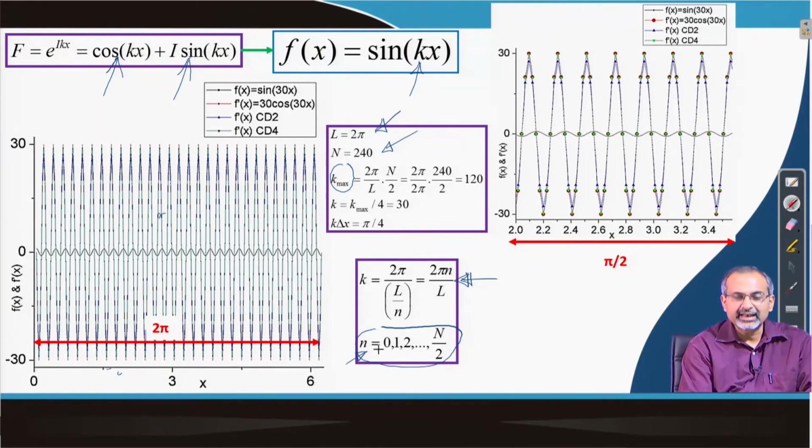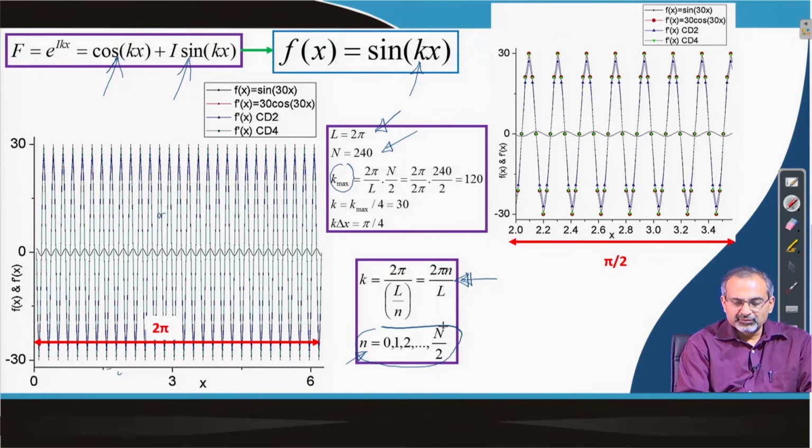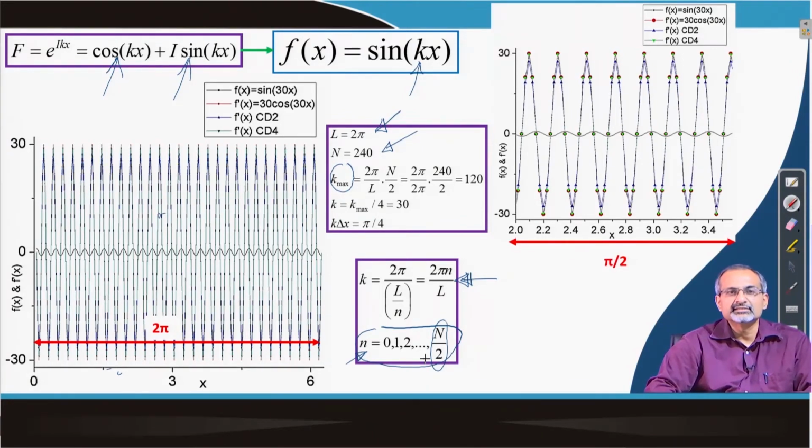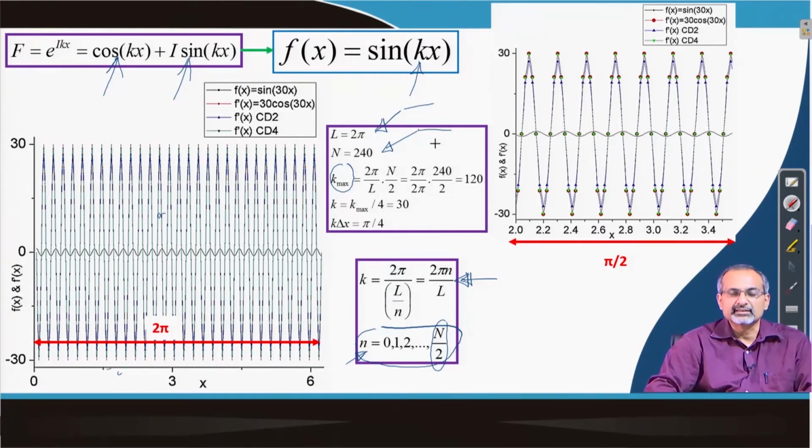So, we remember that n equal to 0 would give us a constant value, and then n equal to capital N by 2 will give us a highly oscillatory nature of the function. And we remember that when we choose the value as capital N by 2, that is the highest wave number that we can end up accommodating over such a discretization, the discretization being given by the length and the number of intervals that you have accommodated over that length.